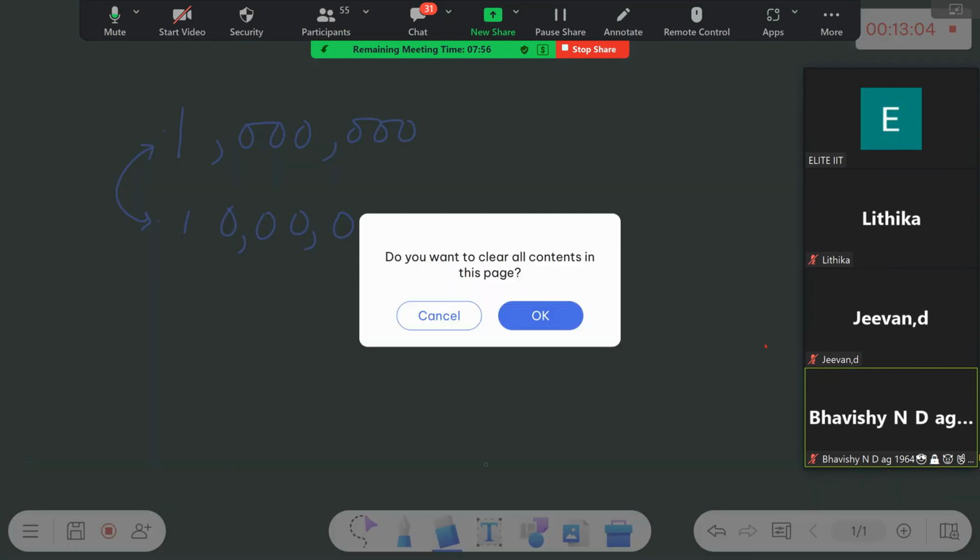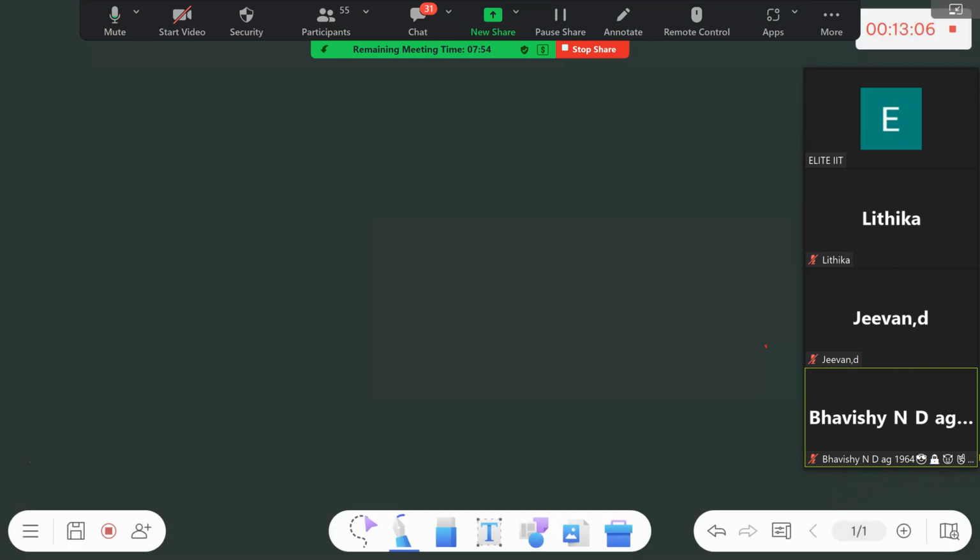So next, let us see face value. What is called face value? The number itself. Suppose we have a number here.